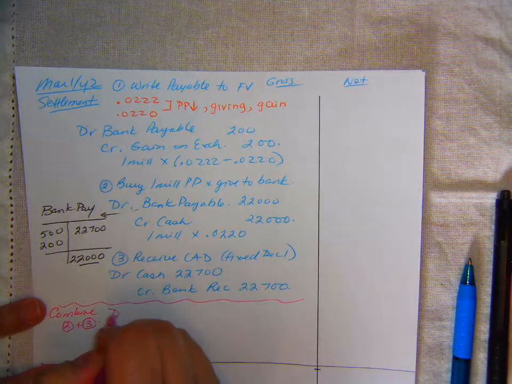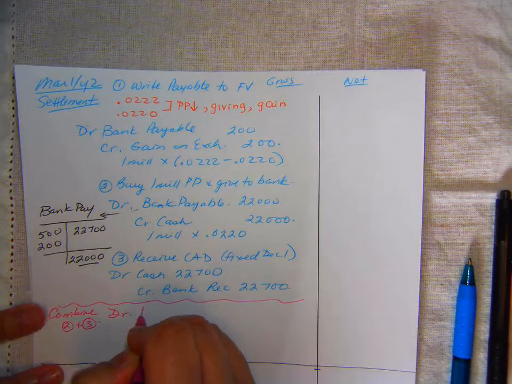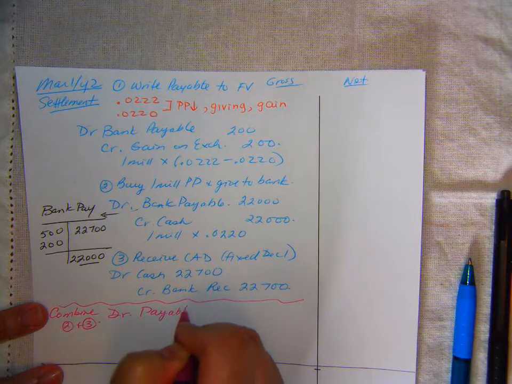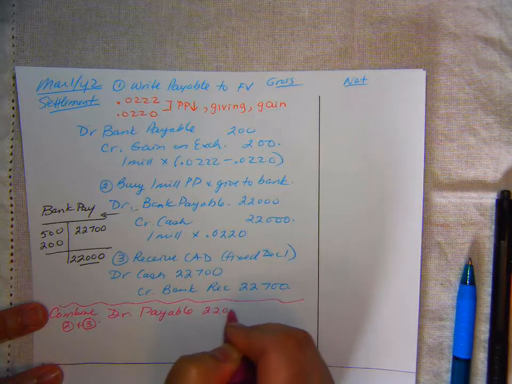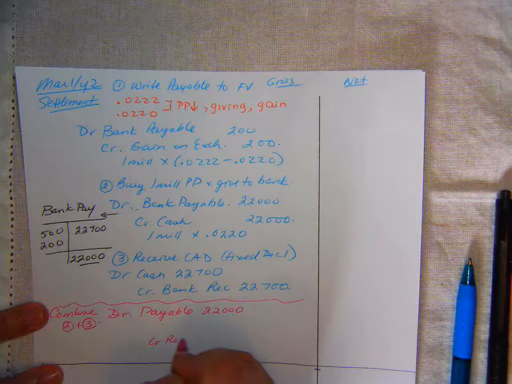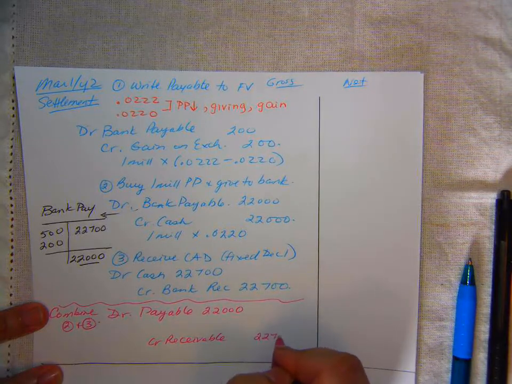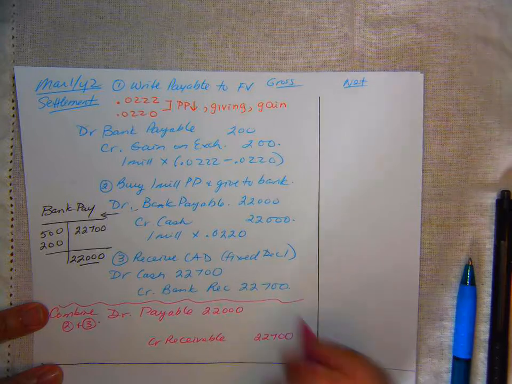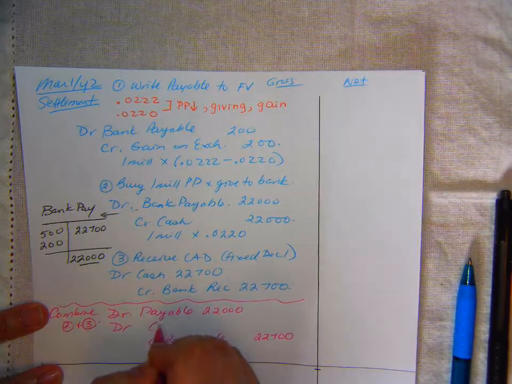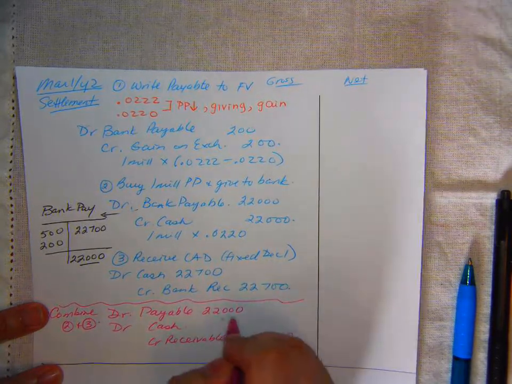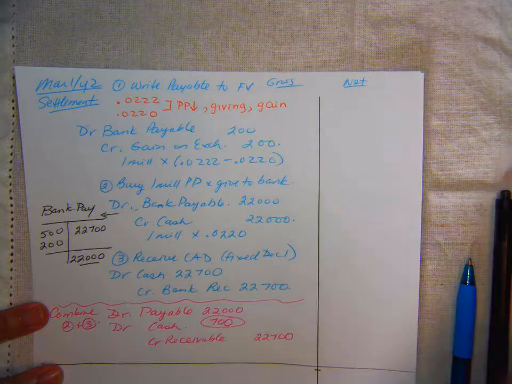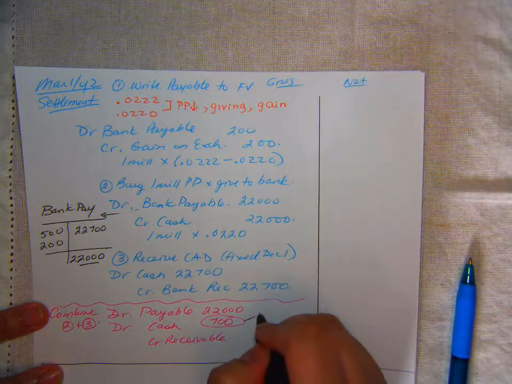So you would debit the payable for 22,000, credit the receivable for 22,700, and then debit cash for the difference. And that's often how they're settled.